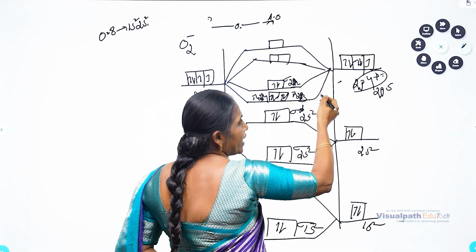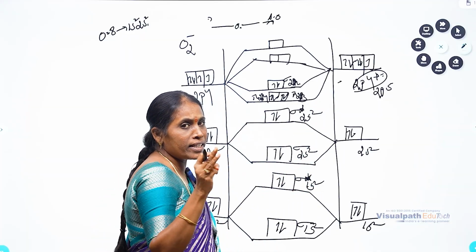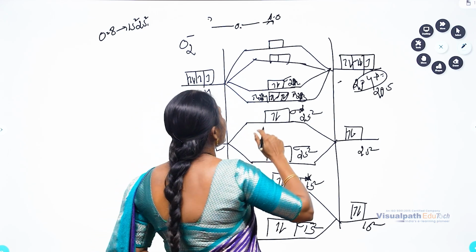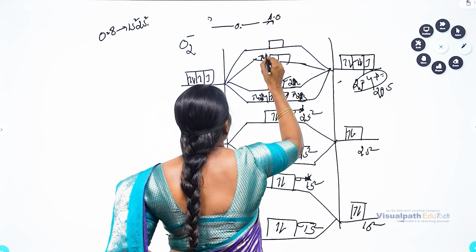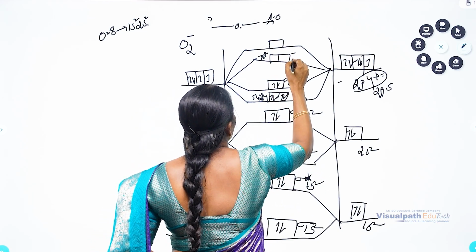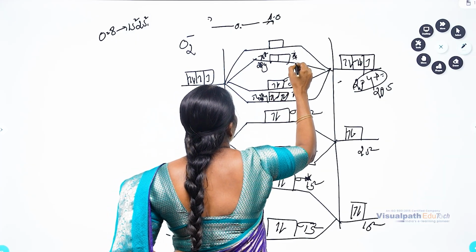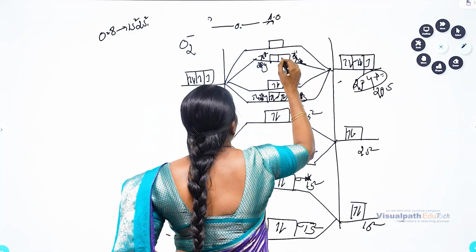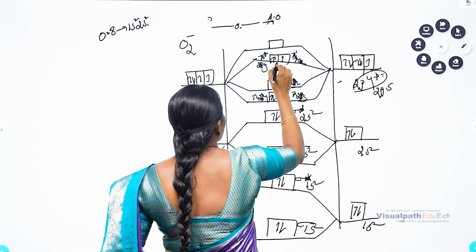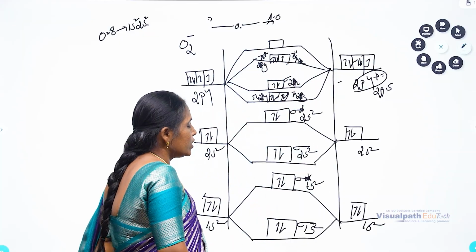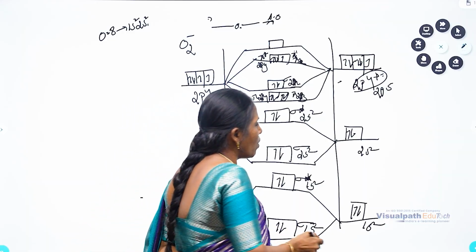So the remaining how many electrons are there? Remaining 3 electrons are there. Okay, the 3 electrons enter into the anti-bonding of the pi star 2py and pi star 2pz. 1, 2, 3.